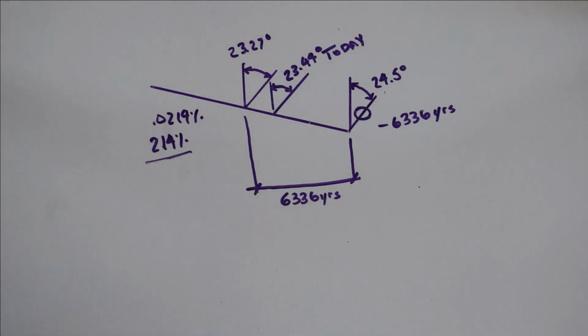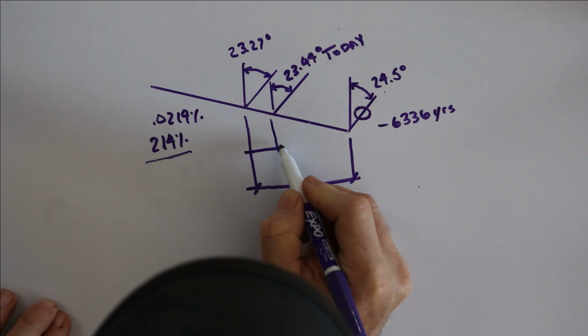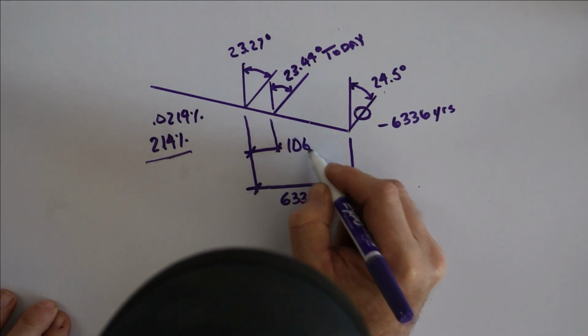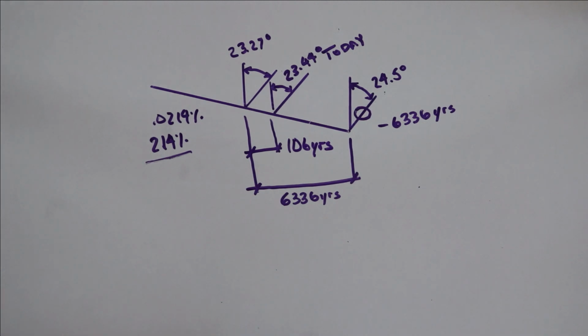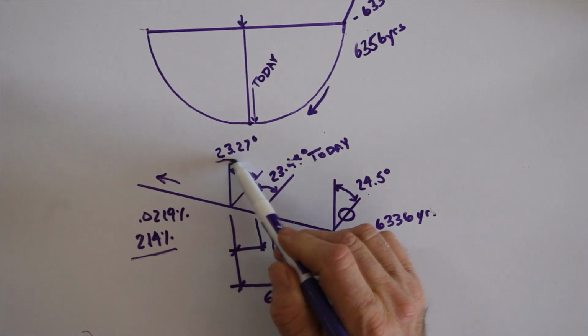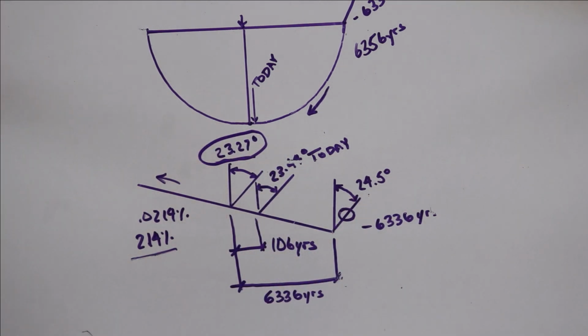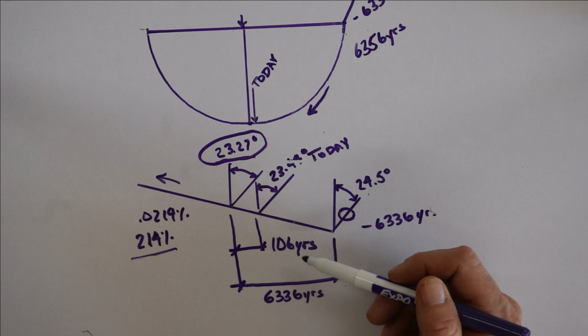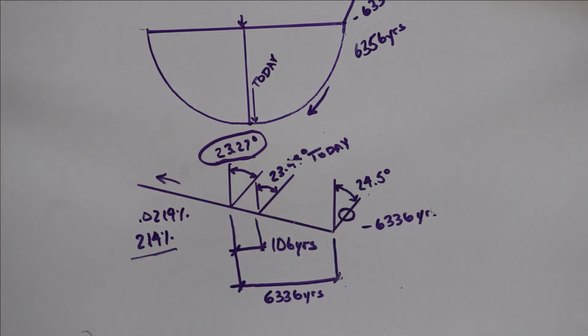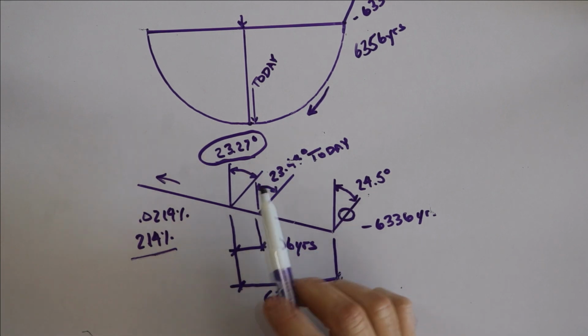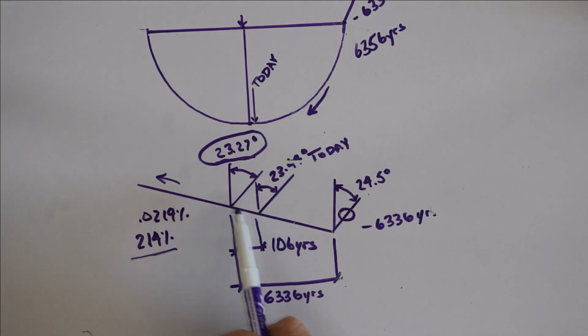And what I came up with is we're about, and this is exaggerated, but we're about 106 years away from, and these are using the Tychos numbers, we're about 106 years away to the mean obliquity. We're at 23.44 degrees today, and once we get to 23.27 degrees, as we climb up, we cross the halfway point.